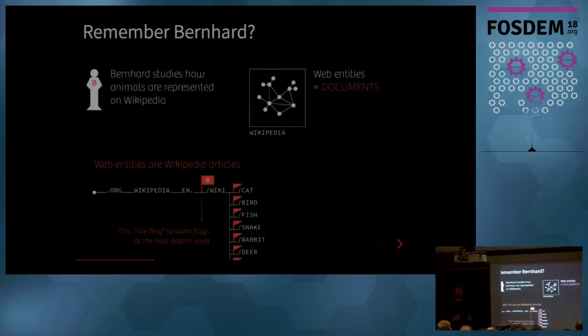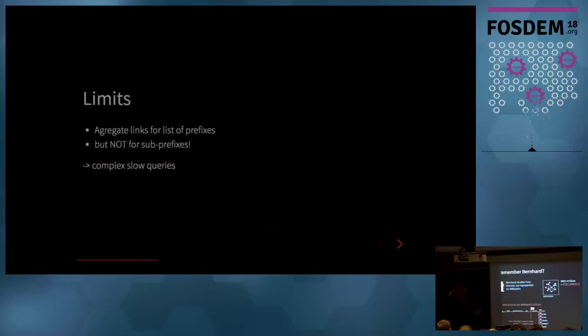And also, do you remember Bernard? He has web entities here, but also here. So there are web entities that are sub-web entities, whose prefixes are included in prefixes of other web entities. So when you're going to query, you're going to find the same prefixes embedded in each other.